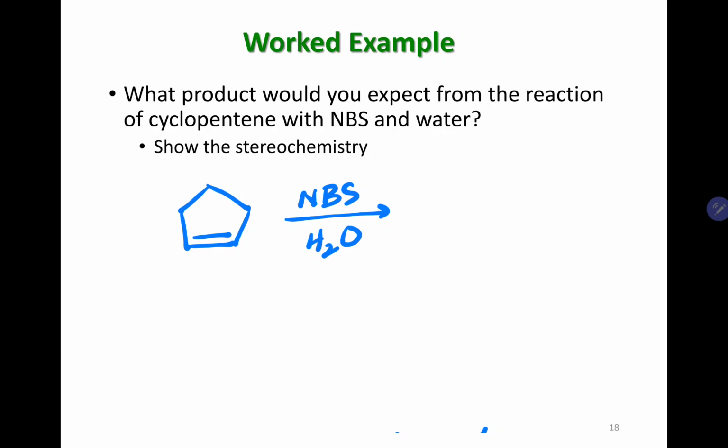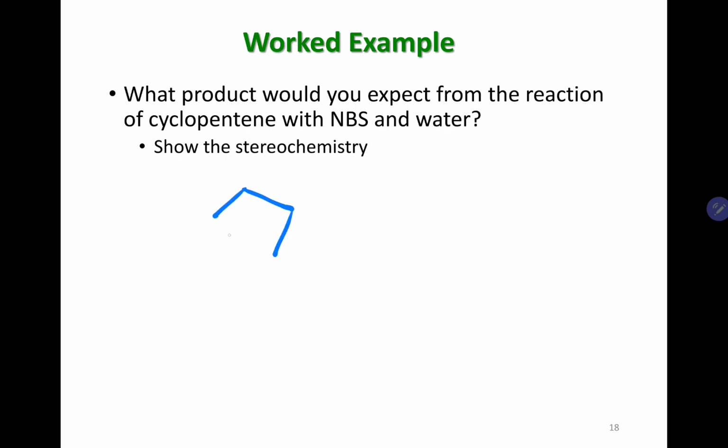All right, so in this example, we don't have to worry about Markovnikov rule. Why? Because there is no rich carbon, no poor carbon. But the alkene that we have is a cyclic alkene.